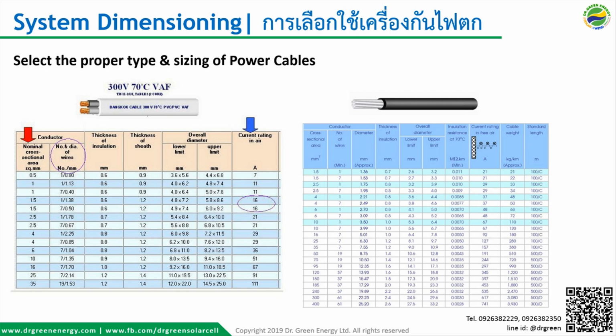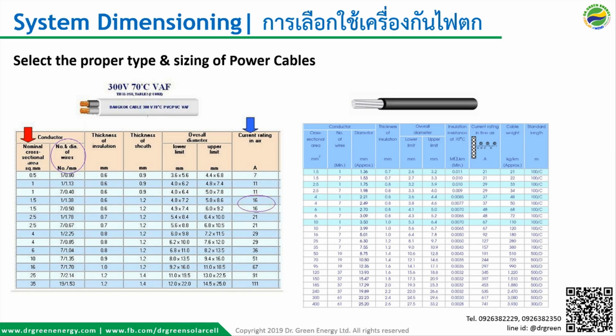And not only the stabilizer, you have to choose the suitable power cable for your system. You have known the wattage, you have known the VA, so now you can calculate the current.